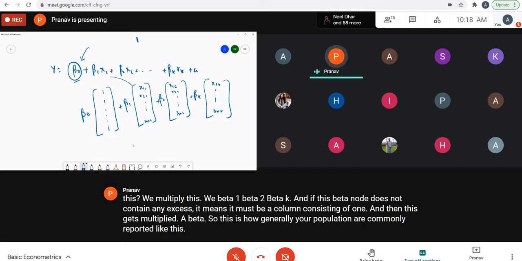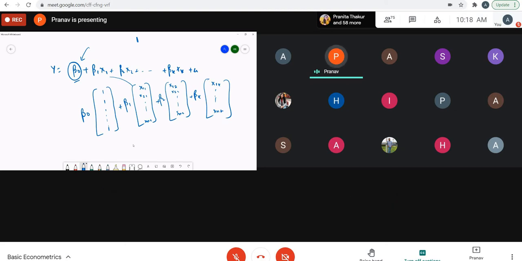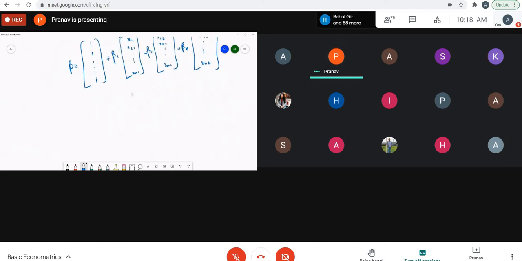Because not having a constant term has certain implications which are very harmful. We'll discuss them. For the time being, understand this beta naught as an intercept term in the population regression function, where this beta naught is multiplied by a column vector consisting of ones. So let us say your population regression function is beta naught plus beta 1 x plus mu.